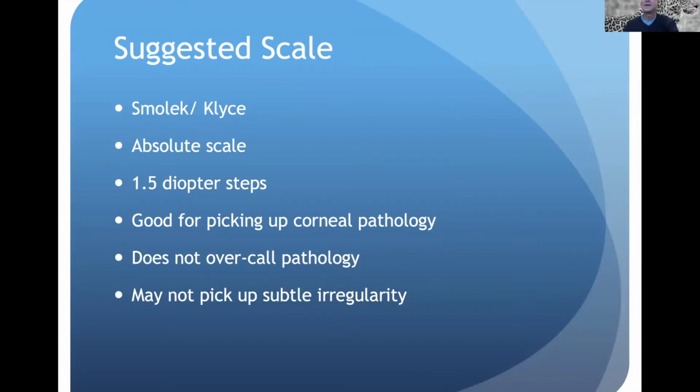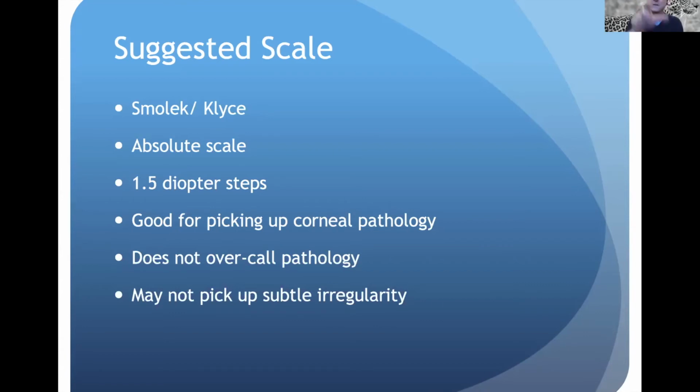Well, what I like to say is that you can turn almost any cornea into a keratoconic cornea if you adjust the steps and the color scales to your advantage. So always be mindful of that when you see someone's topography up there. See if they've really paid attention to the scales.